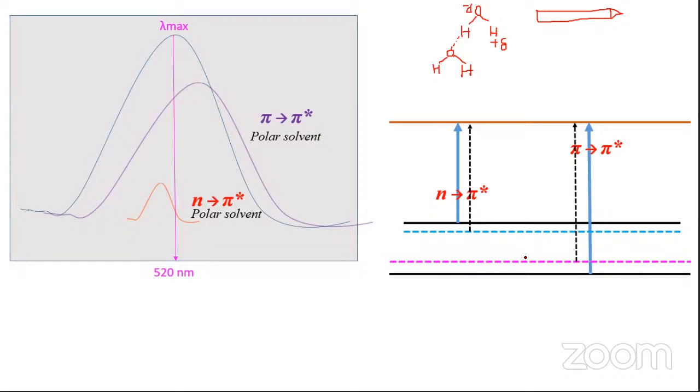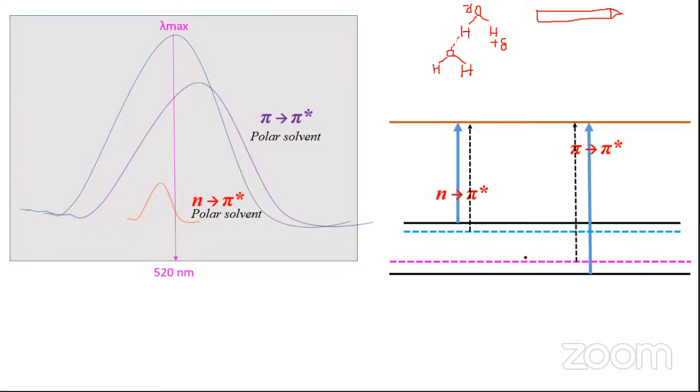Okay. So by changing the polarity of the solvent, by changing the solvent conditions, you can find out whether the transitions happening within your molecule are pi to pi star, or in addition to pi to pi star, there is an n to pi star transition also going on.